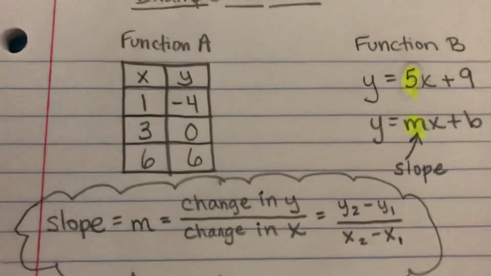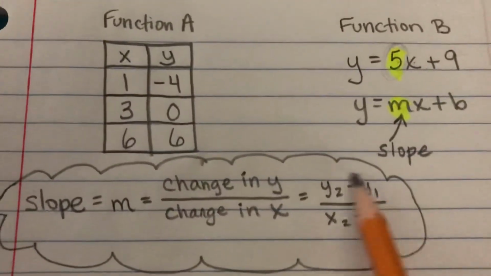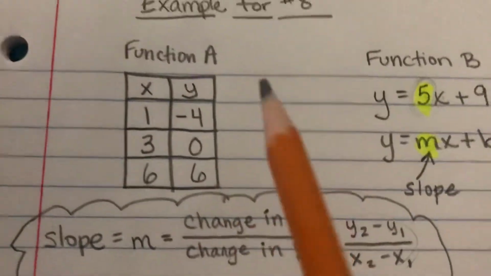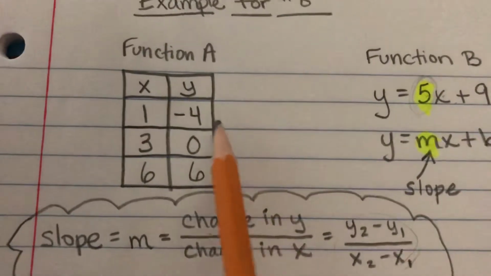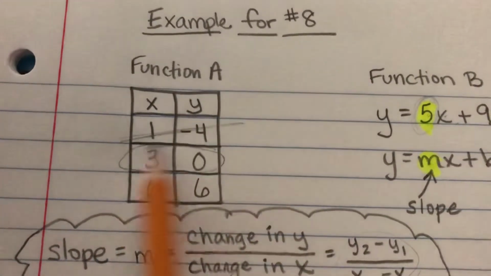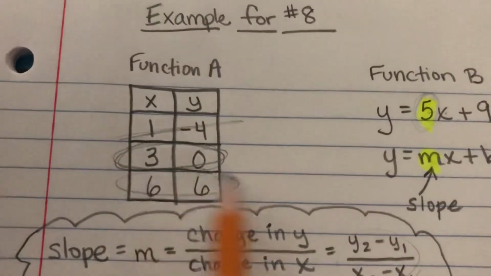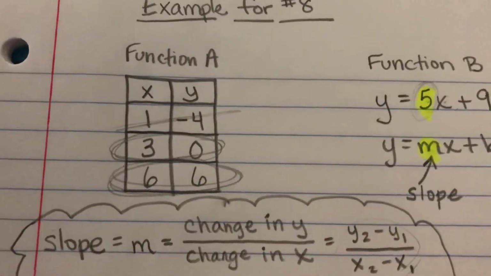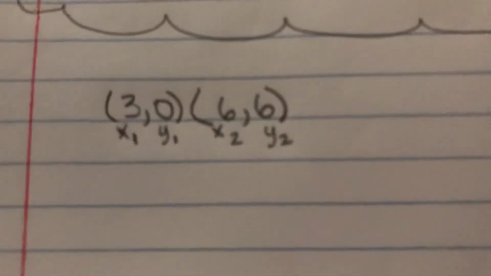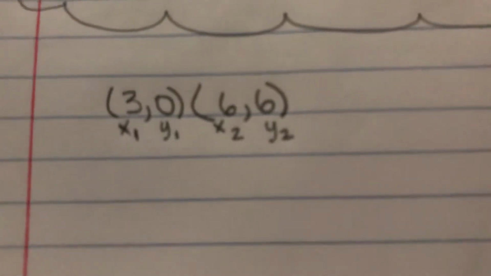So up in the table, if you use the slope formula, you can choose any 2 points that you want to. So since you get to choose any 2 points you want to, if you don't want to use the one with a negative, you can just choose the other 2 coordinate points. Okay, so (3, 0) and (6, 6). And then you have to assign them.